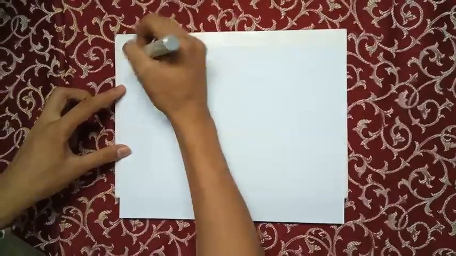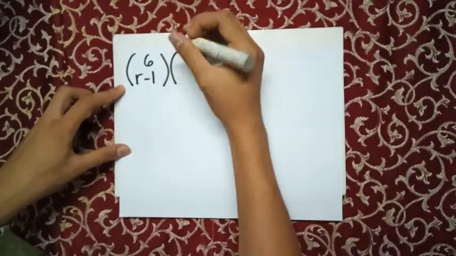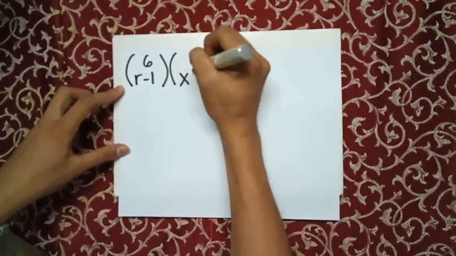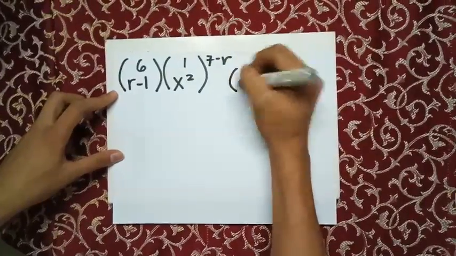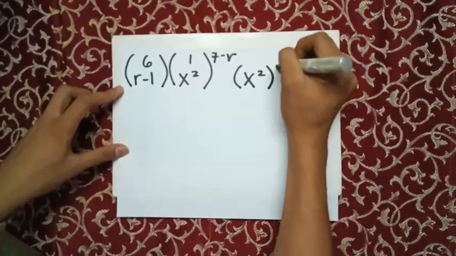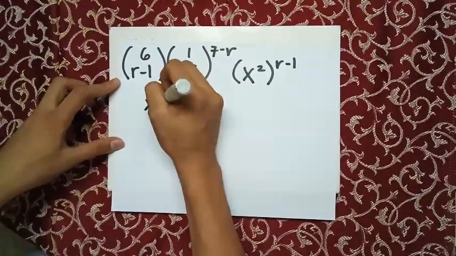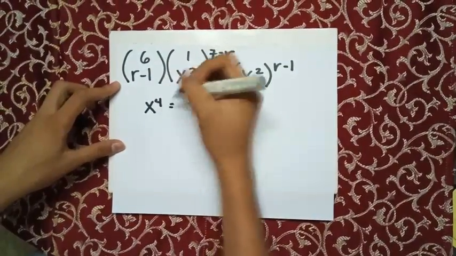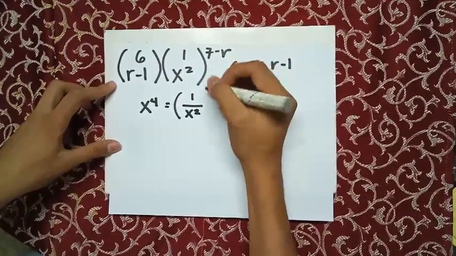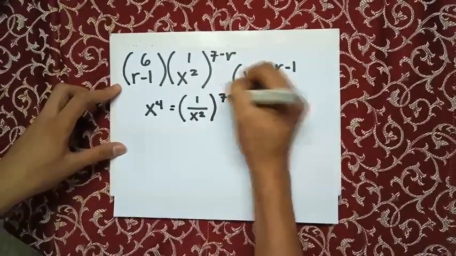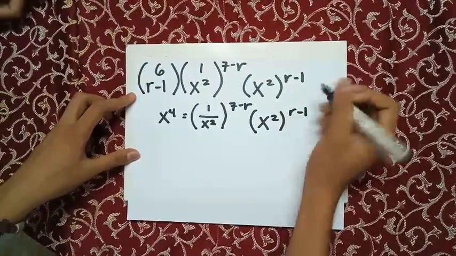The r-th term of the expansion is given by the quantity 6 choose r minus 1 times the quantity 1 over x squared raised to 7 minus r times the quantity x squared raised to r minus 1. Taking only x raised to 4 into consideration, we have x raised to 4 is equal to the quantity 1 over x squared raised to 7 minus r times the quantity x squared raised to r minus 1.